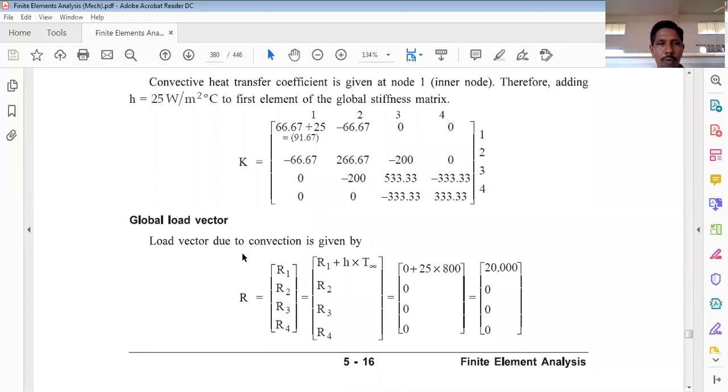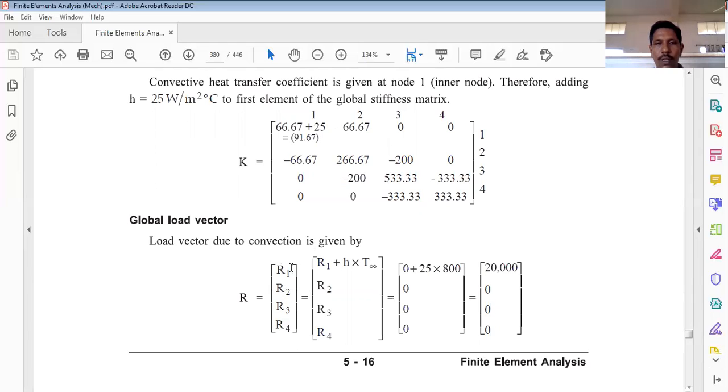Now, to have the global load vector, there are 4 nodes, and the 4 forcing vectors I have specified corresponding to nodes 1, 2, 3, 4 as R1, R2, R3, R4. It is to be noted that these load vectors are due to the convective heat transfer coefficient. The convective heat transfer coefficient is available at node number 1, which equals 25 watts per meter square degree centigrade, and there is no specified convection at node 2, 3, 4.